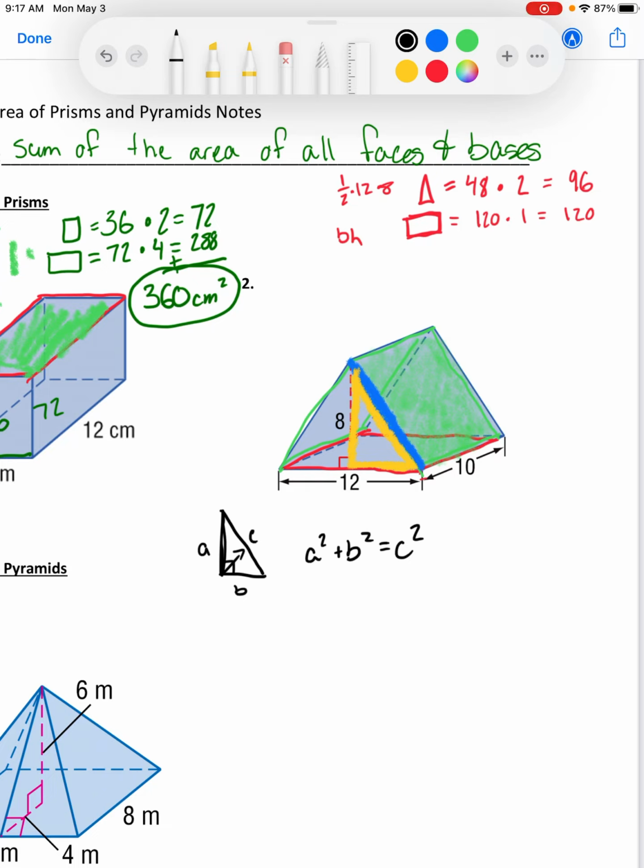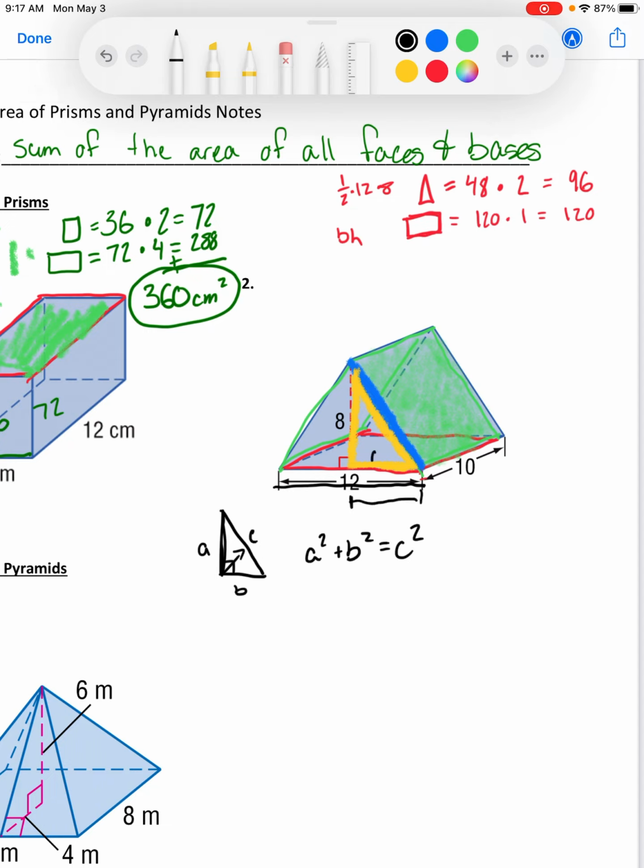So using our knowledge of Pythagorean theorem, we're going to want to plug in our numbers from this yellow triangle. So we have a height of 8 for this one, and then we have a width, or a base, I guess would be a better term for it, of 6. If we look, we have this whole side that's 12 here, but we only want half of that.